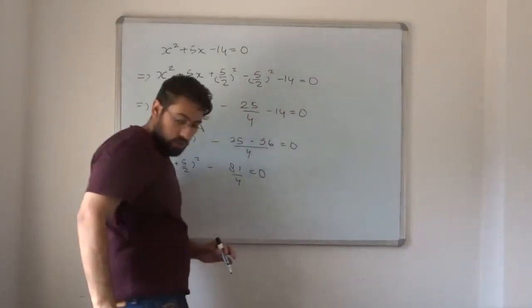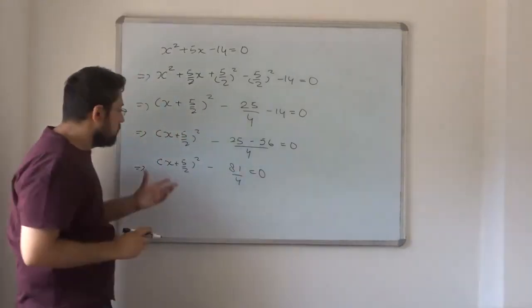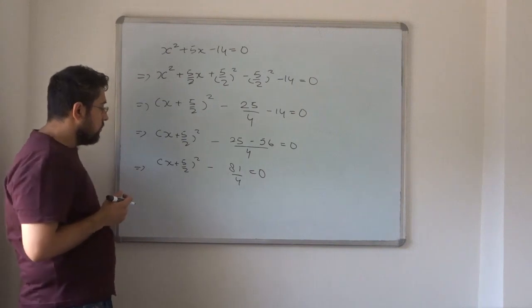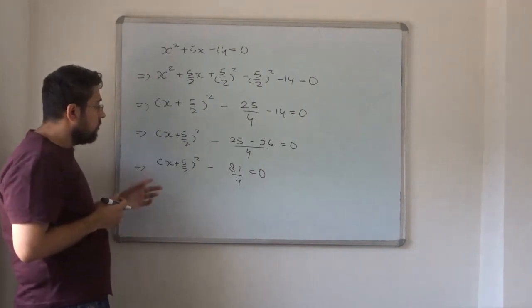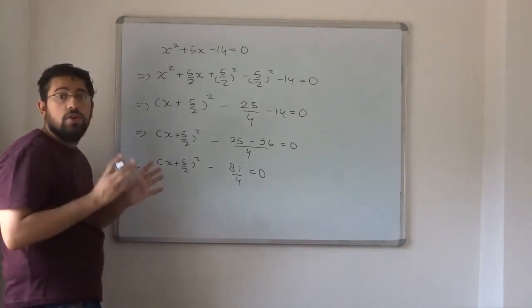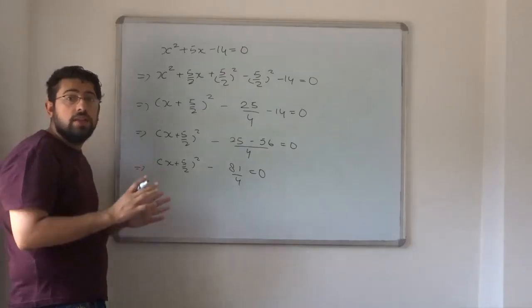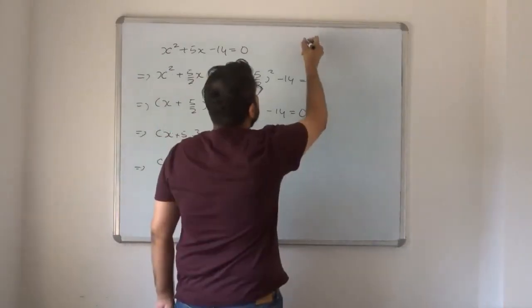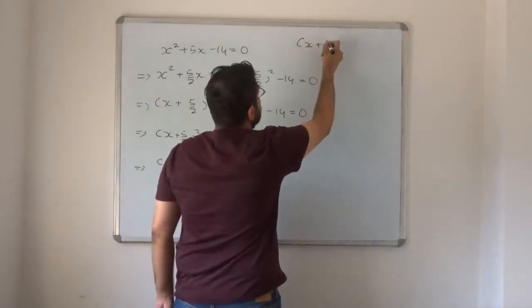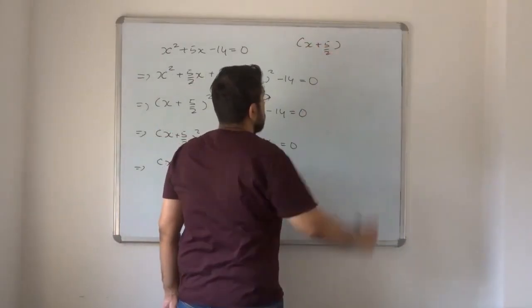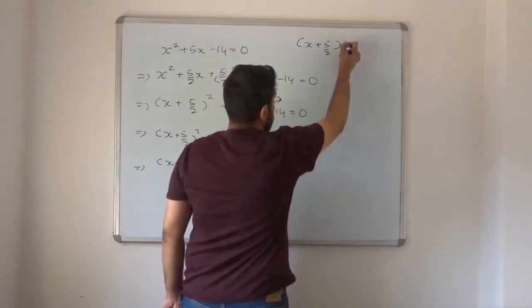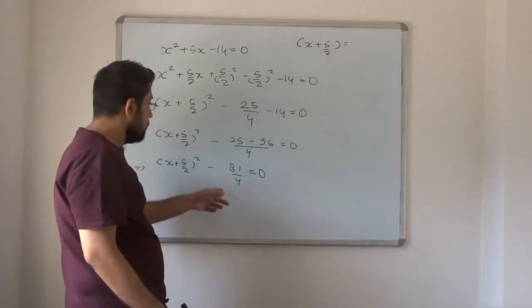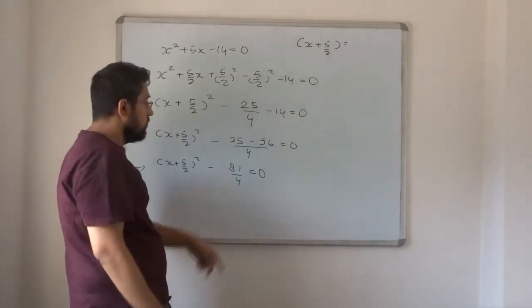So now from here, I'm sure you can take it from here. What do you do now? So now guys, we have to cancel out the square. In order to cancel out the square, we take the square root. So when we cancel out the square, we're going to be left with x plus 5 upon 2. And on this side, what is going to happen?